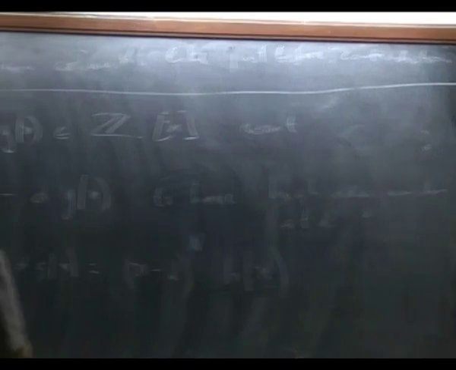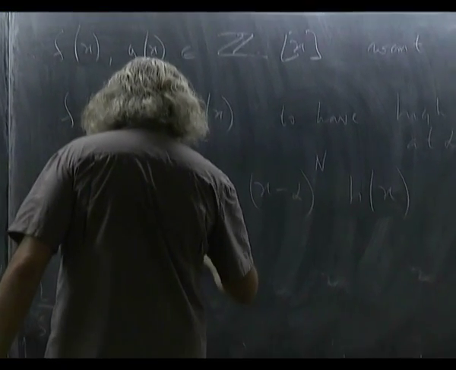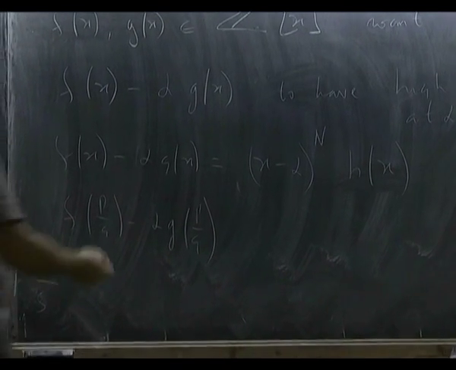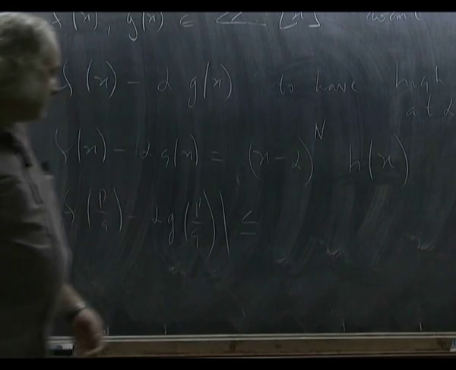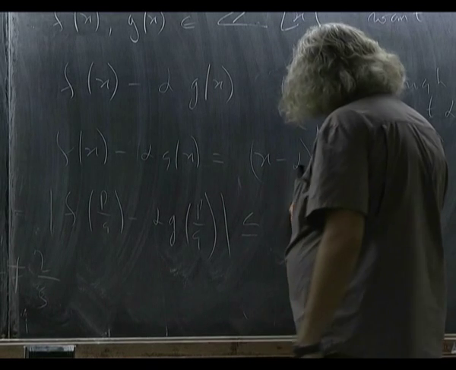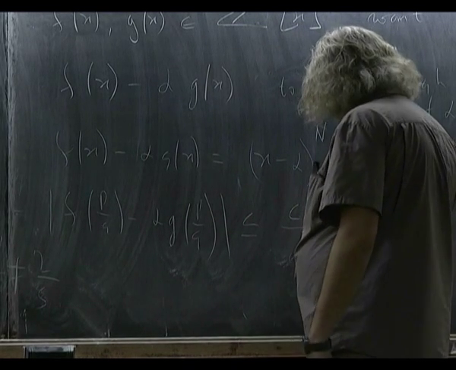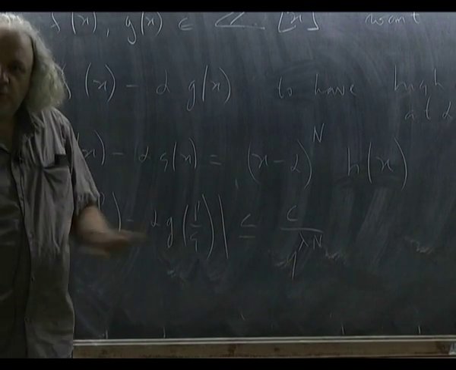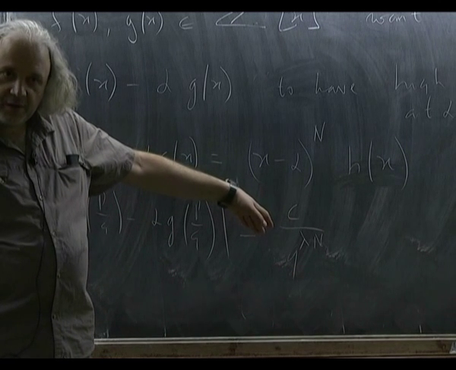We would have that f of p over q minus alpha g of p over q will be very small, something like c over q to the lambda n. Of course I will be cheating here, but this is what we would expect, right?